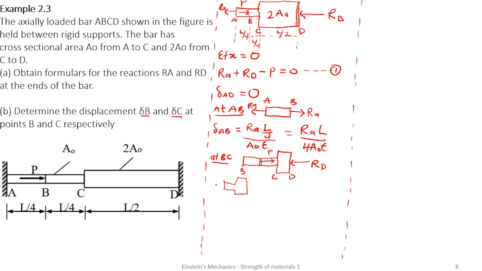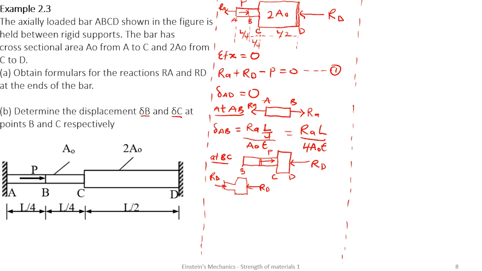So there will be a reaction here that will be opposing the RD in the region of BC. I'll consider the right hand side, and as I section here, this force is going to be the opposite one, so RD. And it is a compressive force.